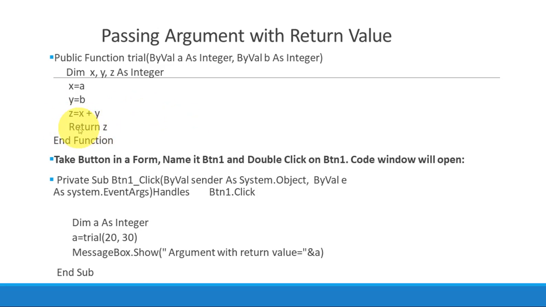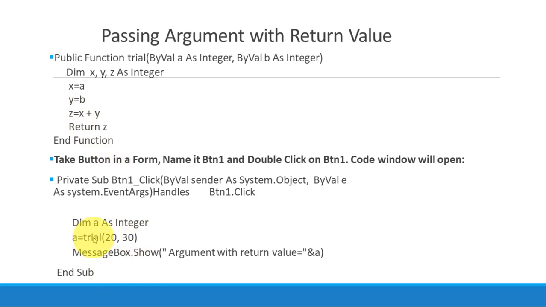It means whatever has been calculated in X plus Y, the value in Z is returned. That Z value will be returned. Return means the control goes back to the calling part, and this value, 20 plus 30, that is 50, will return here.